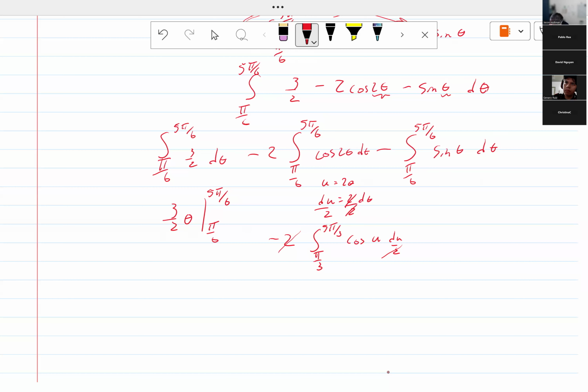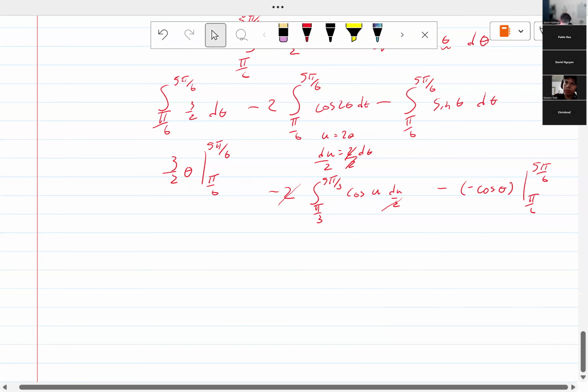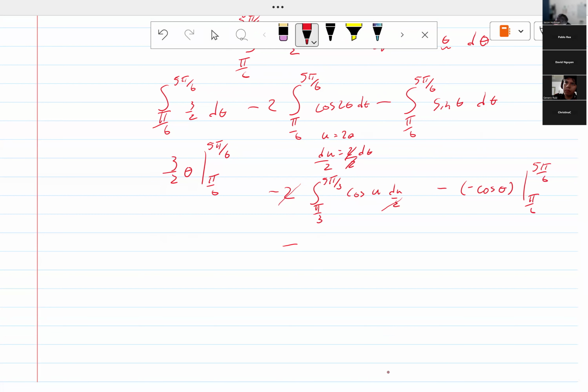Okay, the last integral here is just going to be the integral of sine. So this is minus negative cosine of theta, which is just plus cosine, evaluated from pi over 6 to 5 pi over 6. Now we're just going to integrate this guy here, the negative of the integral of cosine.